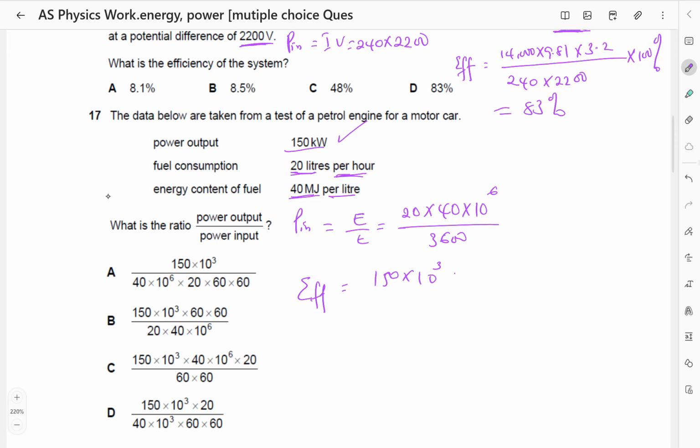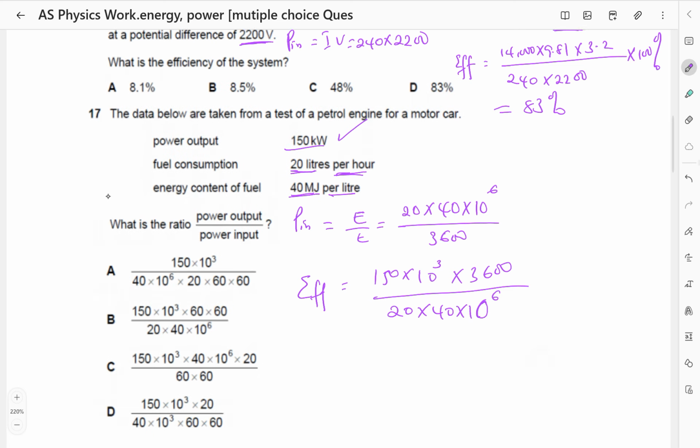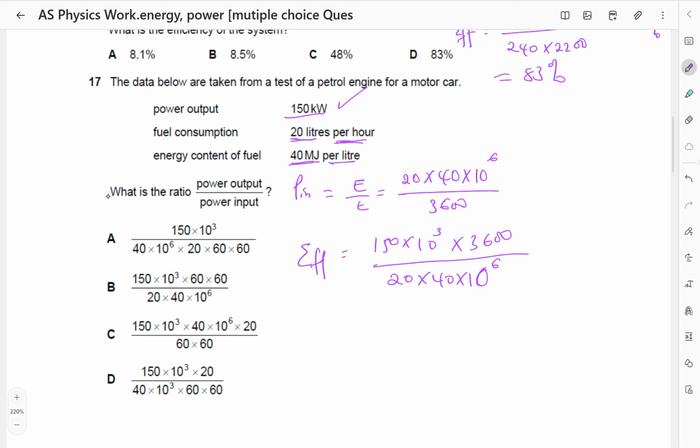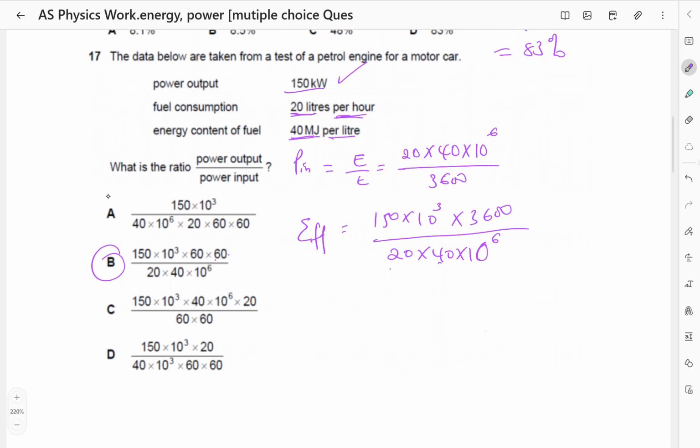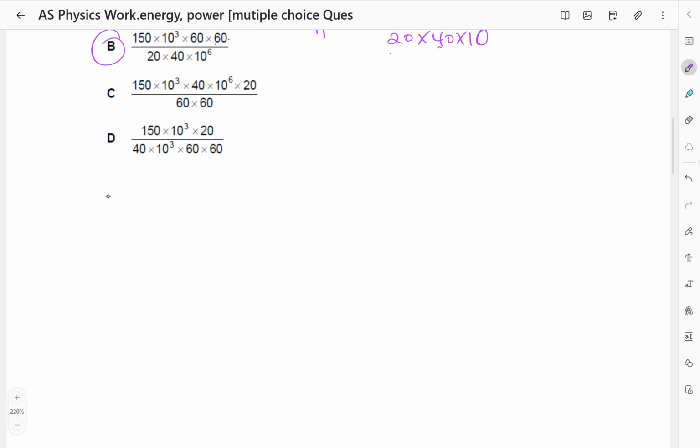So this will be times 3,600 divided by, I got the reciprocal, 20 times 40 times 10 power 6. So this means our answer is going to be B, 150 times 10 power 3, then 3,600 is 60 times 60, divided by 20 times 40 times 10 power 6. So the answer is B, that is the efficiency.